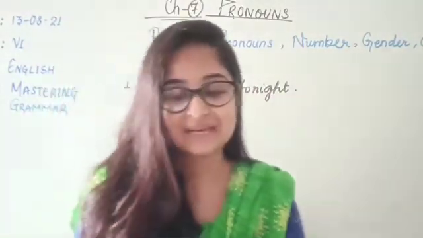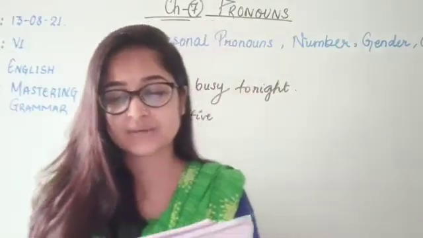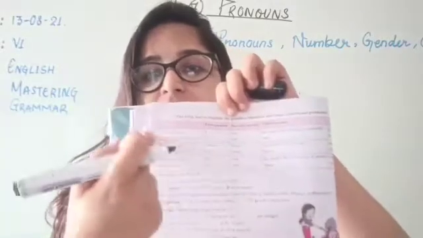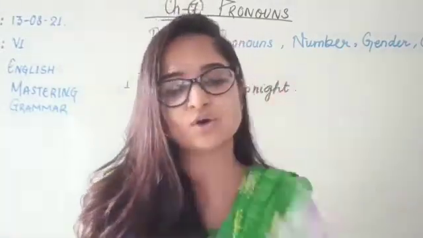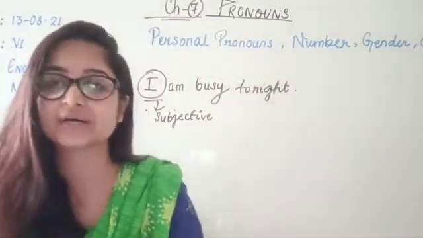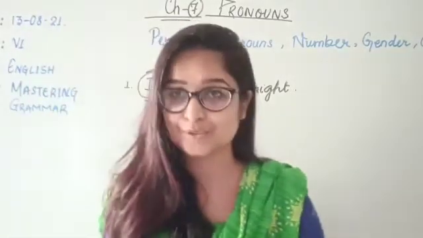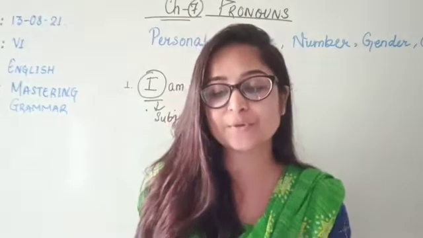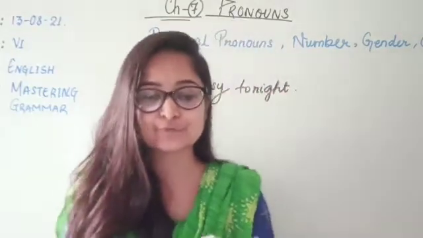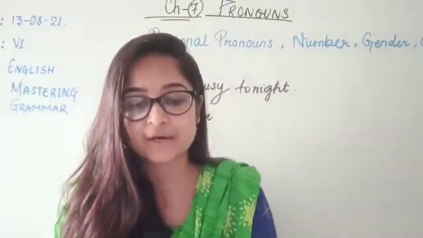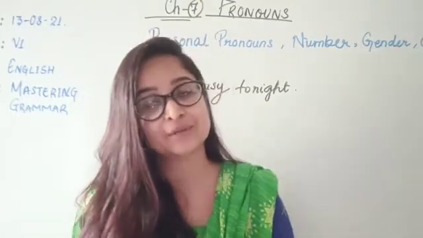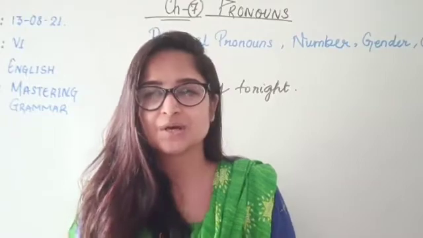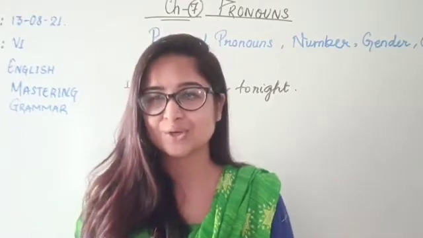Okay, so here we have a table. You should see this for a brief understanding of the concept of the cases and the numbers. In fact, the personal pronouns. The personal pronoun it is used for a thing, animal or child whose gender you don't want to take in your sentence.